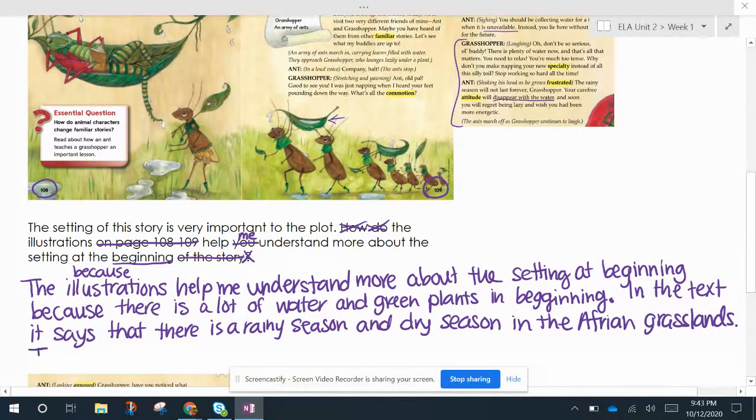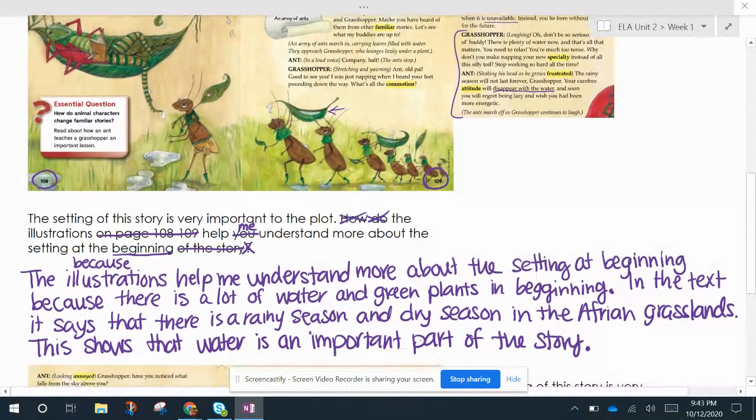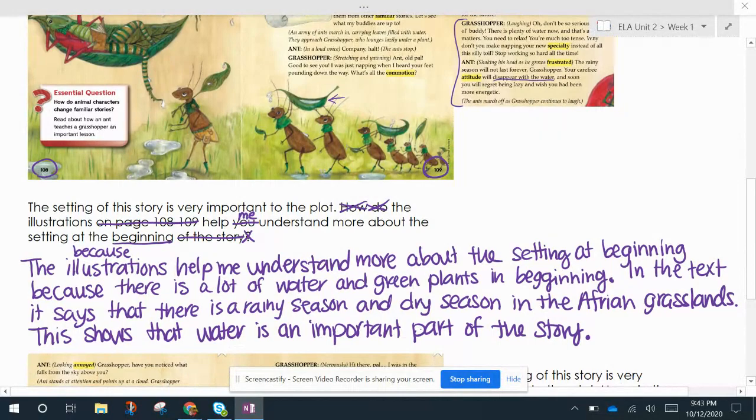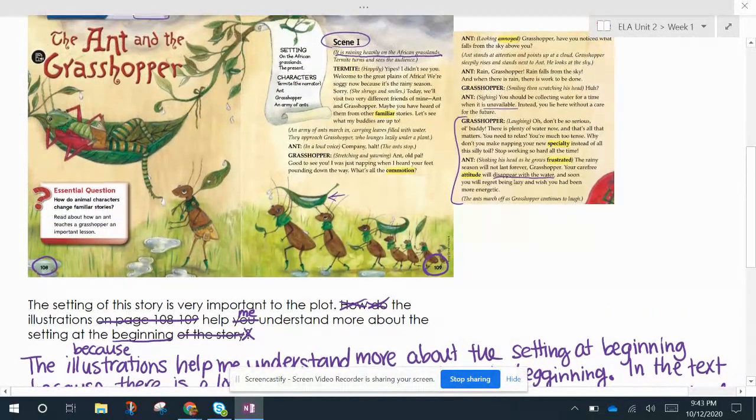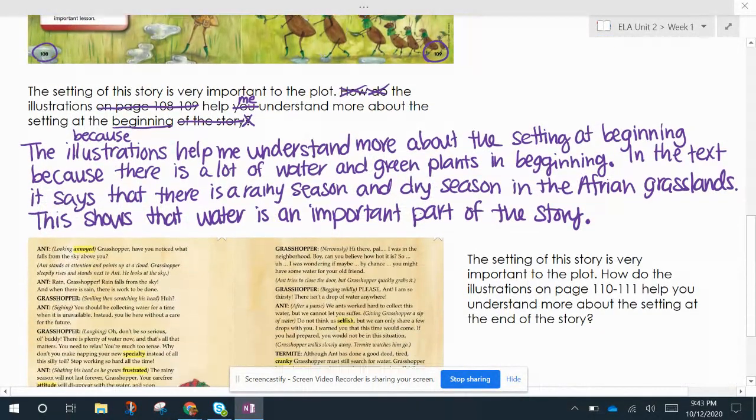Okay, this shows that water is an important part of the story, because it's mentioned in the text as well as in the illustrations. Okay, so that's us looking at the illustrations for scene 1.